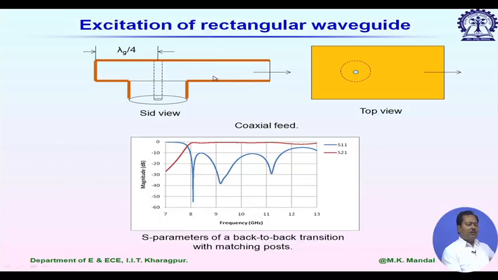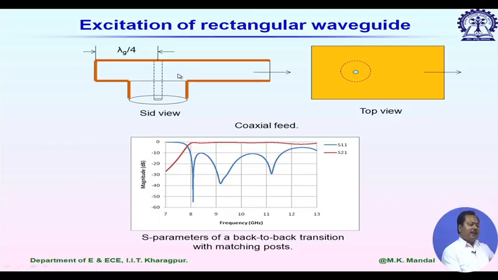We can also design a coaxial cable to SIW transition. If you recall, SIW is substrate integrated waveguide. For SIW, inside we have dielectric, and for coaxial again we have dielectric, and otherwise all the principles are very similar. Usually it is a narrow band design, with a typical bandwidth of 5 to 10%.